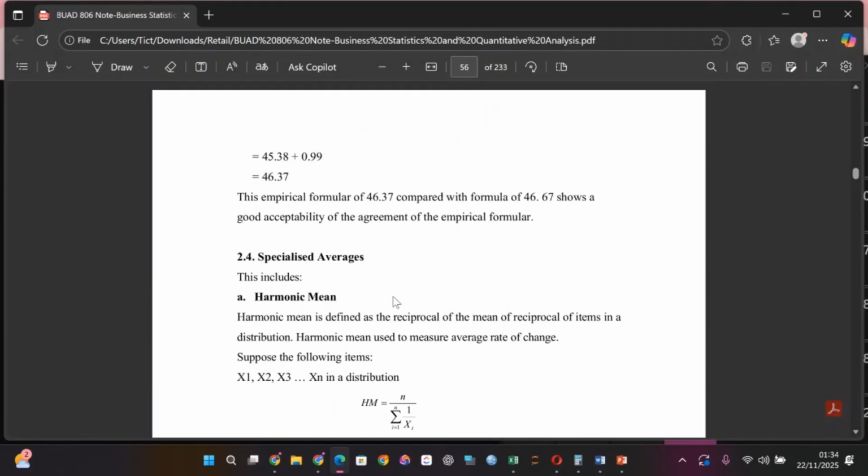Now, if you look at the formula, if you look at the definition of this, it's saying that this is defined as the reciprocal of the mean of the reciprocal of the items. So when somebody says respect is reciprocal, it means you respect me, I respect you. So that means what you have here now, you turn it upside down. That is what they are doing there. So it is the same now.